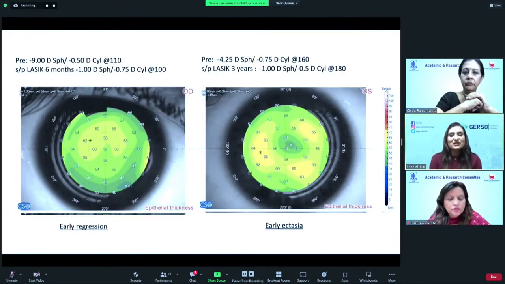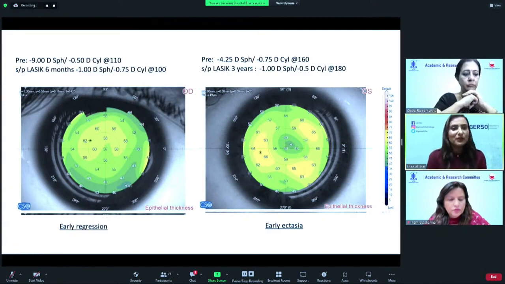So, early regression versus early ectasia. Here we have two maps. The first one is of a patient who had -9 power and had LASIK, and after 6 months accepted a power of -1 with 0.75. On the other hand, there is a moderate myopic patient who after 3 years of LASIK accepts a similar amount of power.